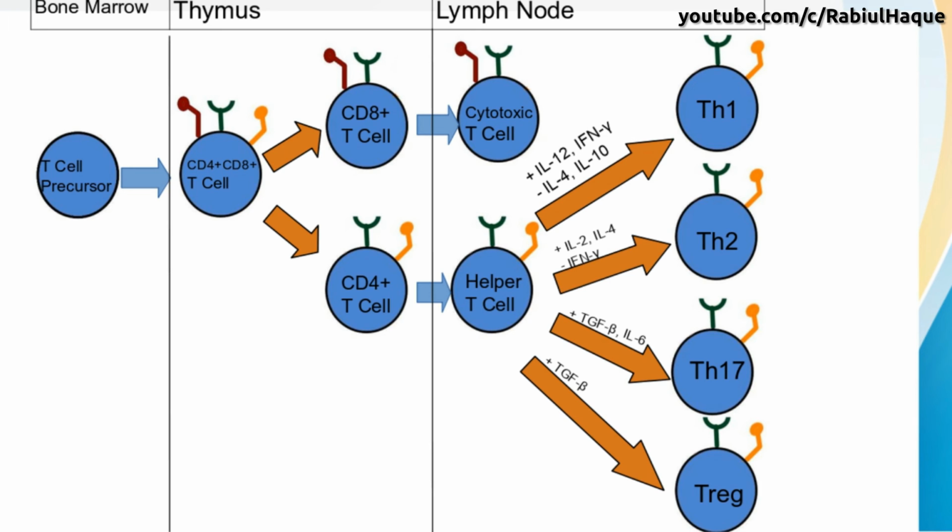And in these differentiation processes, there will be important roles of different types of cytokines. So you can also see that I have summarized those cytokines in this image as well. So you can pause this image to memorize those cytokines because they are important for your multiple choice questions.